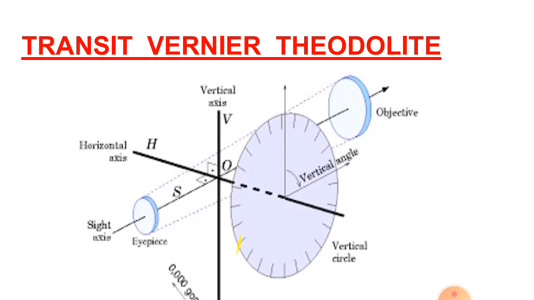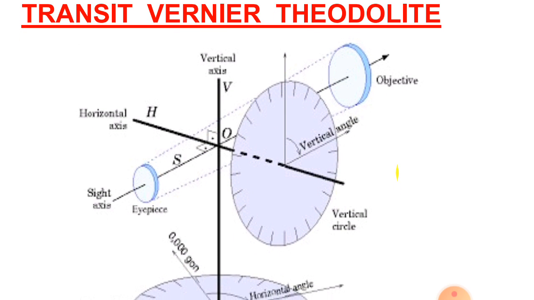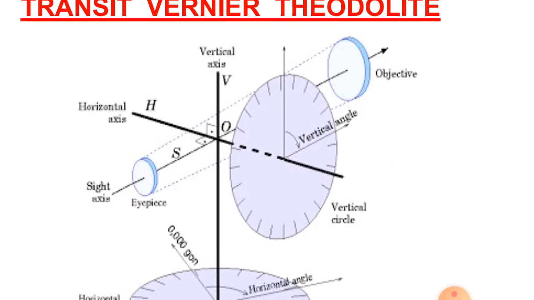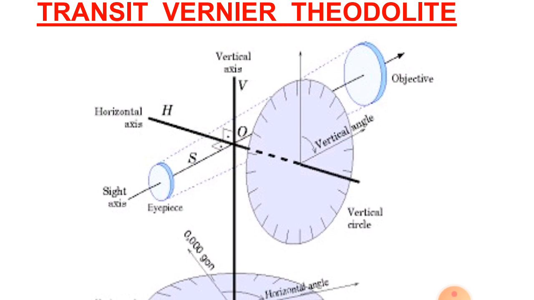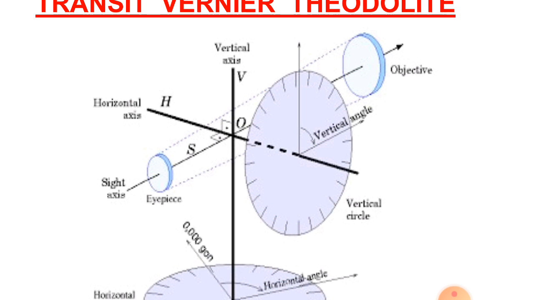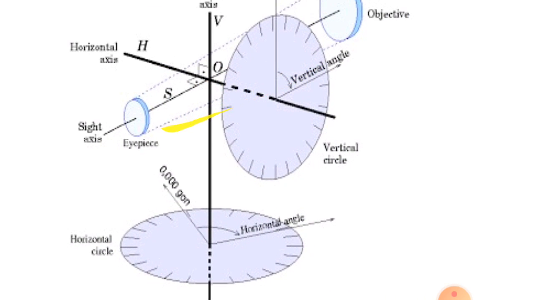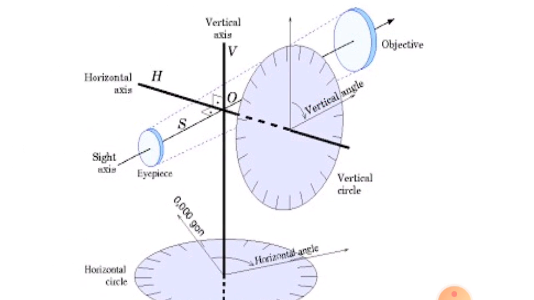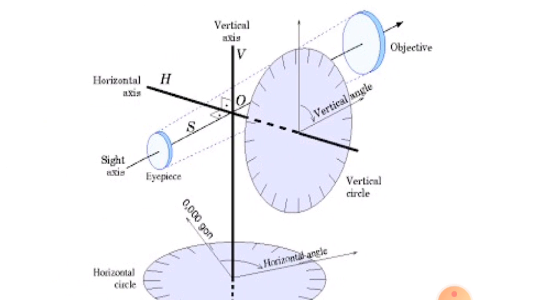Next is the transit vernier theodolite. Here the axes are given. This one is the vertical axis. Then after, this one is the horizontal axis, and this one is the telescope. From this telescope, the horizontal and vertical axes are both intersecting at the middle point or center point of the theodolite.